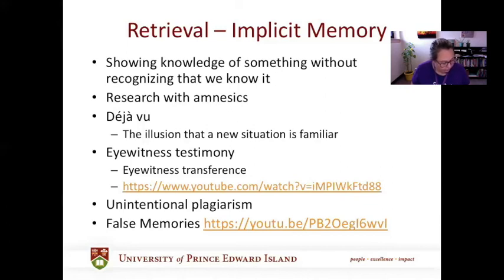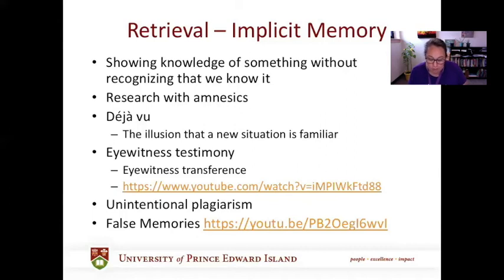The result was startling. Subjects were as likely to identify an innocent person whose photograph was in the mugshot lineup as they were to pick the actual criminal. This familiarity effect gives rise to the phenomenon of eyewitness transference, whereby a person seen in one situation is later confused in memory or transferred to a different situation.